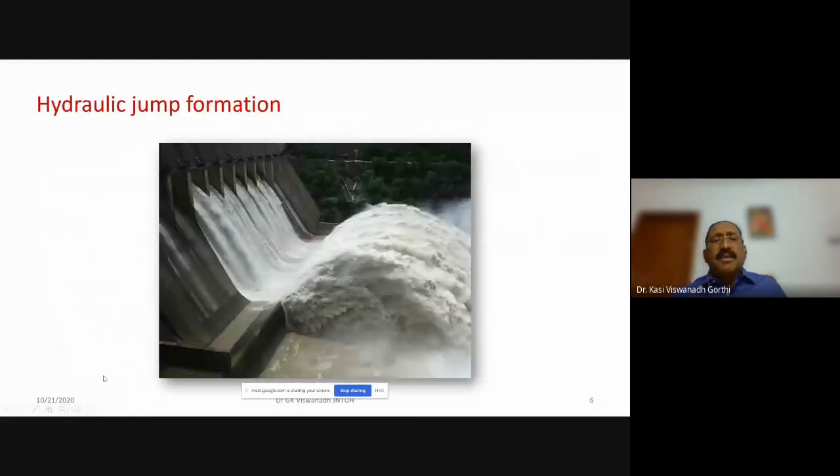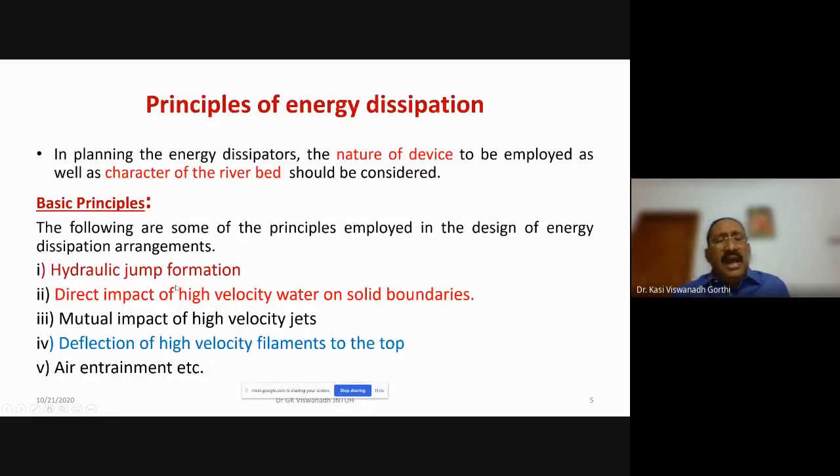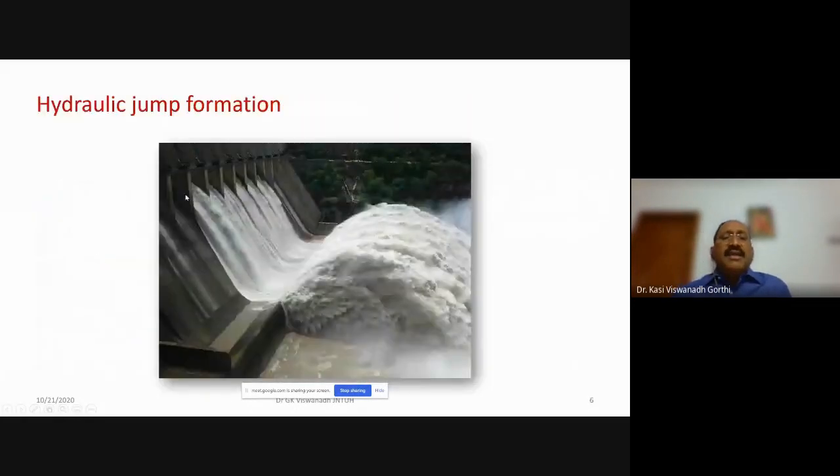This is another principle. Whenever a hydraulic jump is formed, the first one that we are trying to see, hydraulic jump formation, you may see that the water is falling from a high level to the low level here, with conversion of energy from potential energy to kinetic energy. So at the foot of the spillway, the flow becomes supercritical.